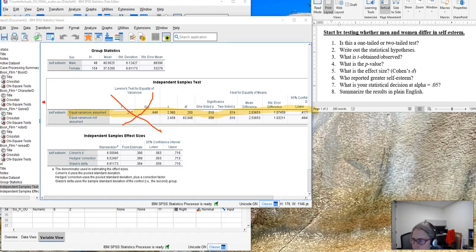Now we see there's a difference. We can look at the two-sided p-value because it's a two-tailed test. We can see right here that p equals 0.019. Is this less than 0.05?